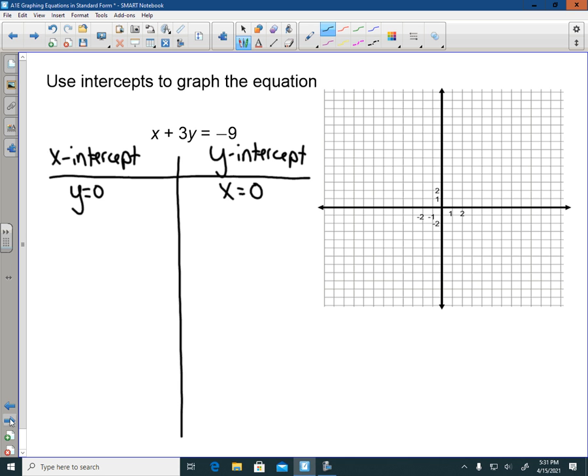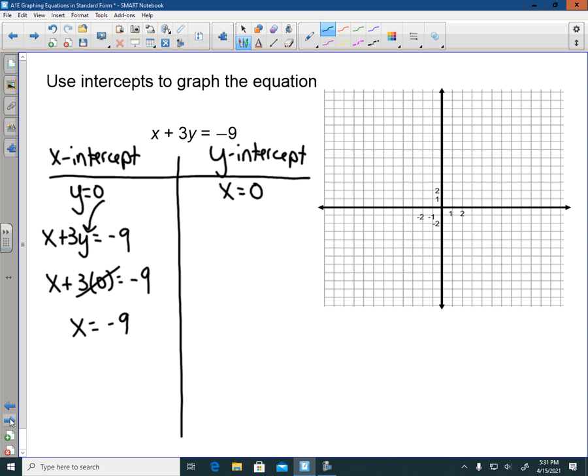So we know the equation is x plus 3y equals -9. We're going to put y as 0. So x plus 3 times 0 equals -9. Well, this 3 times 0 goes away, and all we have left is x equals -9, nothing else to do, because there's no number in front of x, so we're done.